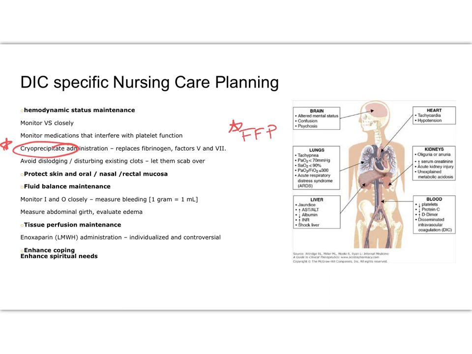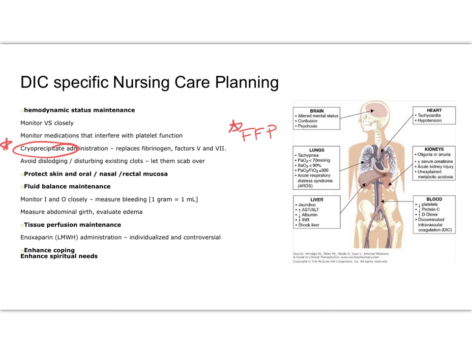We're going to be monitoring their I's and O's, watching for bleeding, being really careful when we're moving them. We need to make sure we're repositioning, but being careful through that. Protecting their skin. If they've got an NG tube, or an ET tube going down their throat, really watching that, because just that mild tube moving around could cause bleeding, okay?